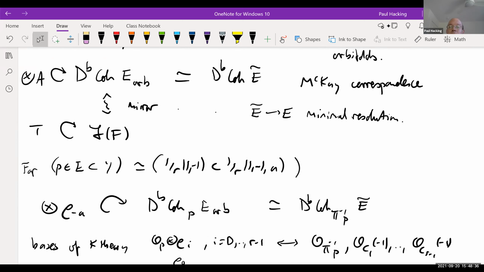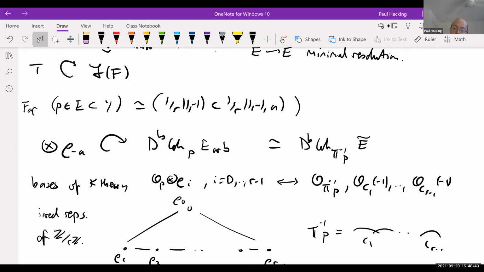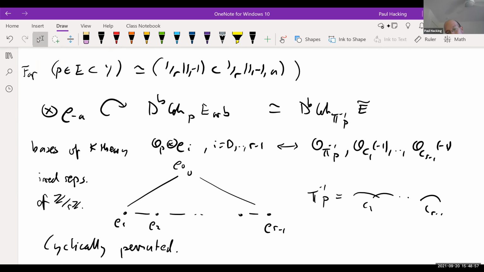Then if you look at the part of the derived category that's supported at the point P on the orbifold, or equivalently, if you look at the derived category of the minimal resolution and the part supported on the exceptional divisor over that singularity, then you get this basis of K-theory given by the irreducible representations of the cyclic group. And the action of tensor product by the line bundle is just cyclically permuting these.